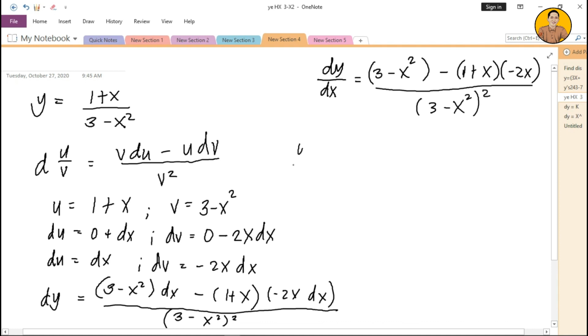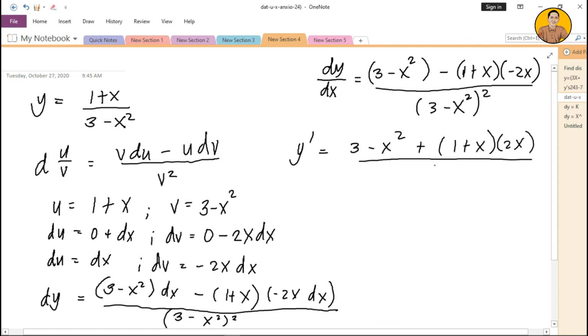So y prime equals 3 minus x squared. So negative times negative, that is positive. So this becomes plus 1 plus x times 2x. So i-simplify natin siya, guys. All over 3 minus x squared, the quantity squared.